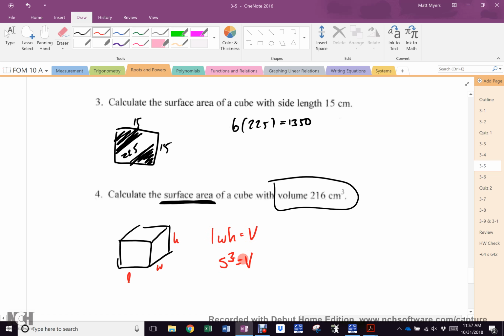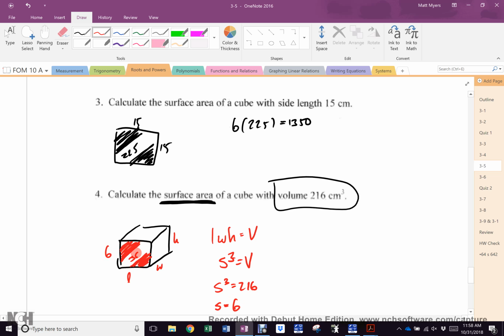Do I know the volume? What is it? 216. So S cubed must equal 216, yes? So what does S equal? The cube root of 216, which is 6. It's right on our list, right? Okay, so that means this is 6. So what's the surface area? What's this surface area? 36.